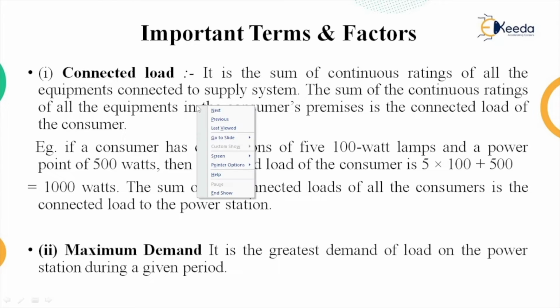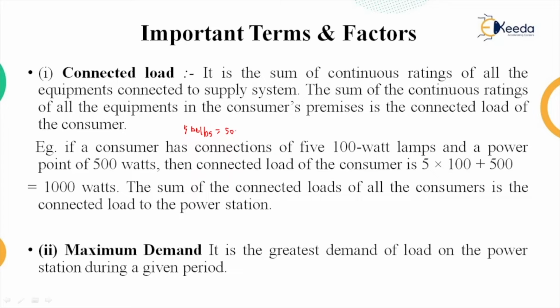Suppose we have 5 bulbs of 100 watt each, so the total is 500 watt.